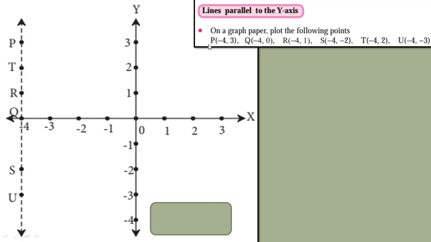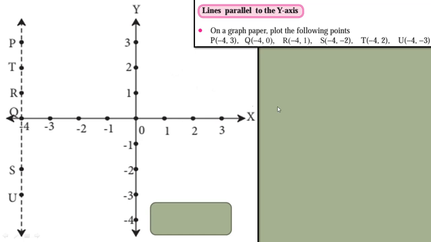Then plot point P, whose y coordinate is 3. So draw one line at 3 here. Then another line for Q at 0. Then R at 1, draw this line. It crosses this line. Locate point R. Then locate point S, and point U in the same way. Then this line is parallel to the y-axis.